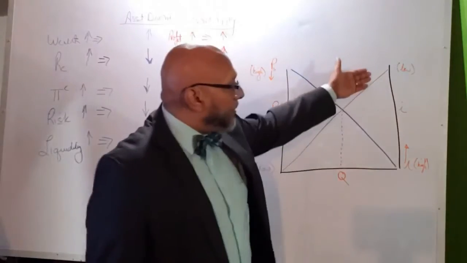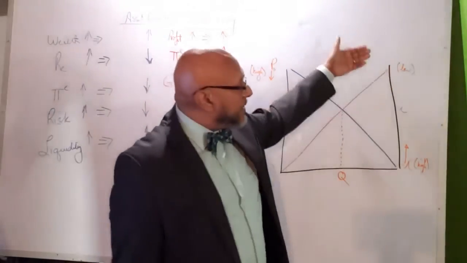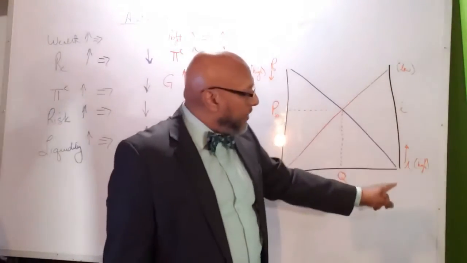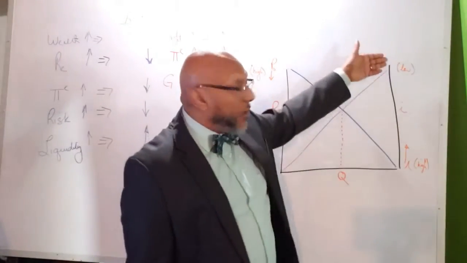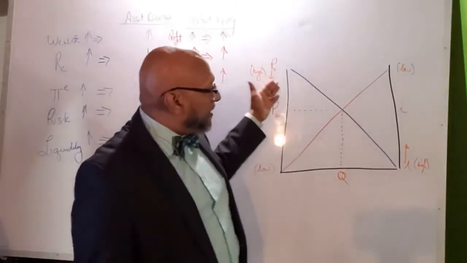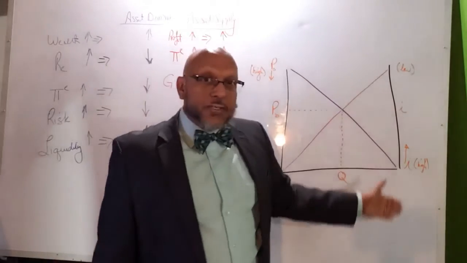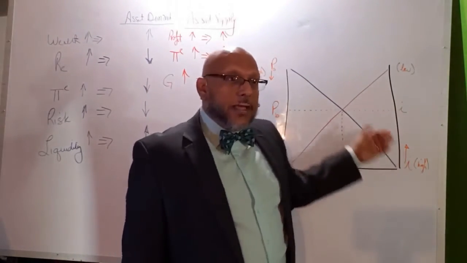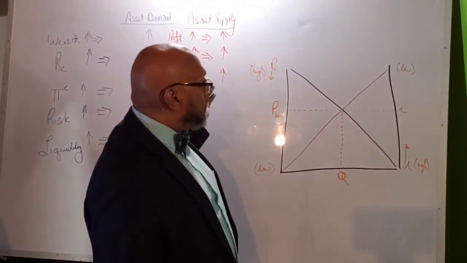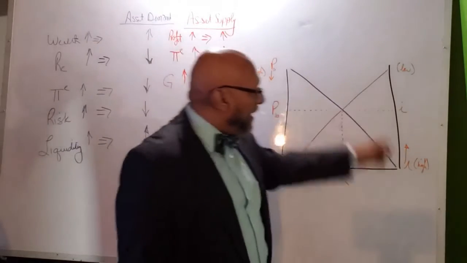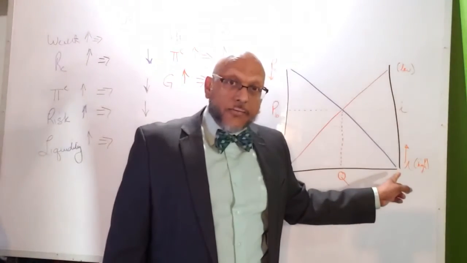On the other side here, the other vertical axis is interest, where interest is high on the bottom and low on the top. If the interest rate is low, if it's high, there'll be a higher amount of quantity demanded.